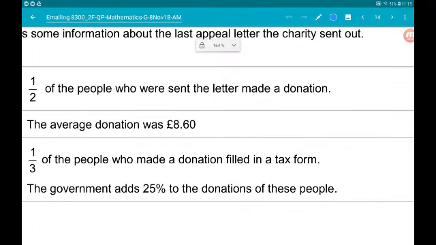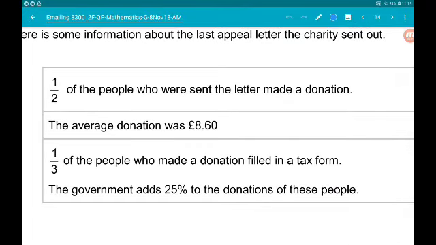The average donation was £8.60. 1/3 of the people who made a donation filled in a tax form. The government adds 25% to the donation of these people.